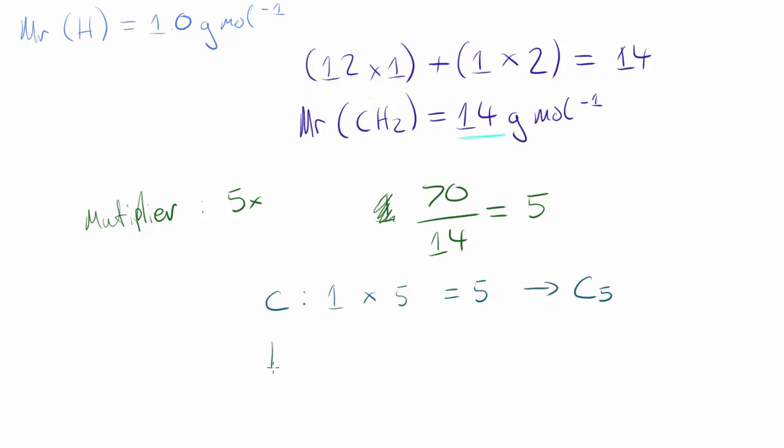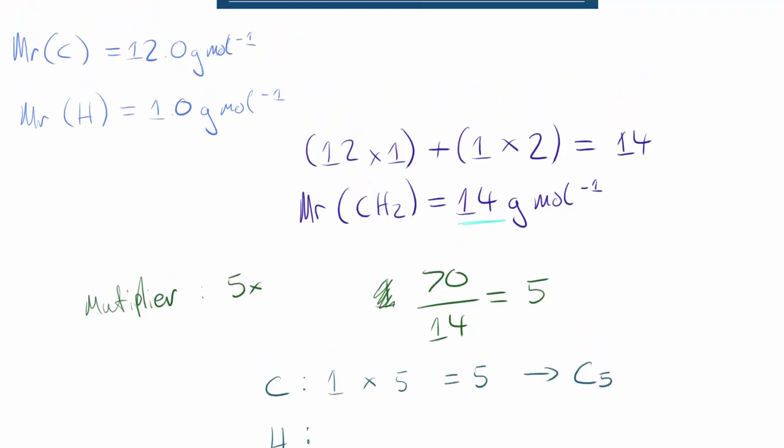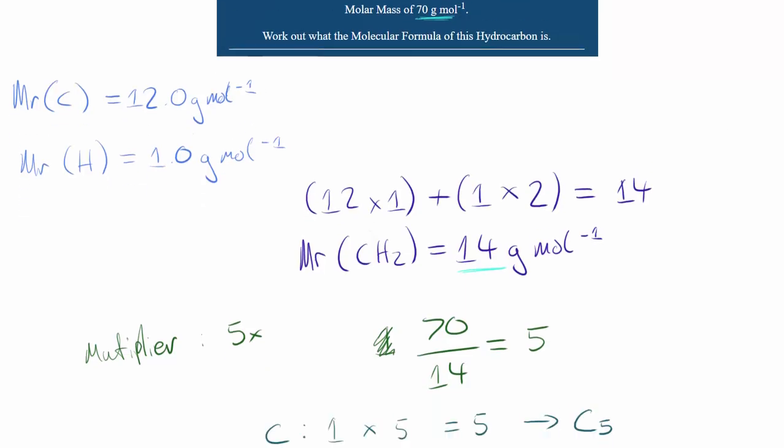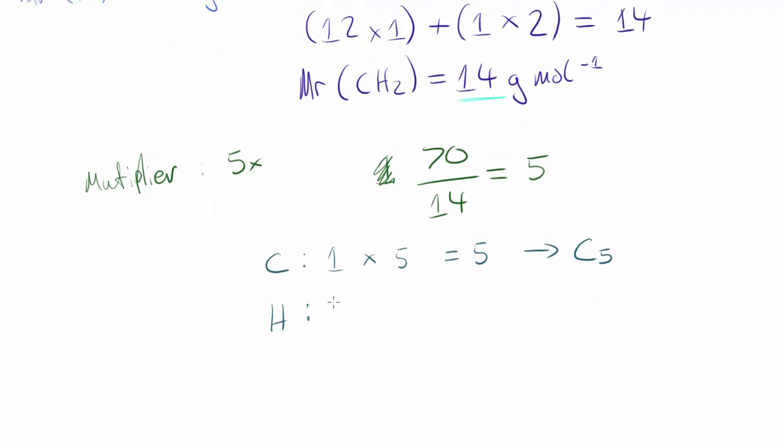Now for hydrogen, as we know, we've got CH2. In CH2, the coefficient for hydrogen is 2. So we've got 2 times the multiplier, which is 5 again, and that gives us 10. Based on that, for the molecular formula we're going to have H10.